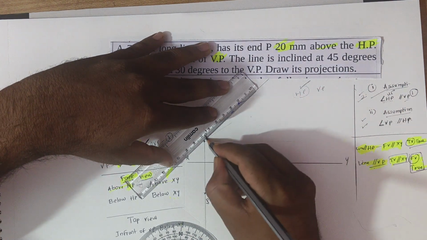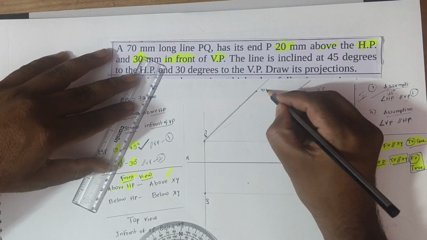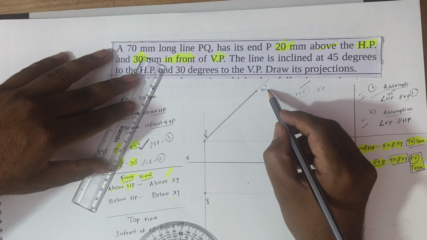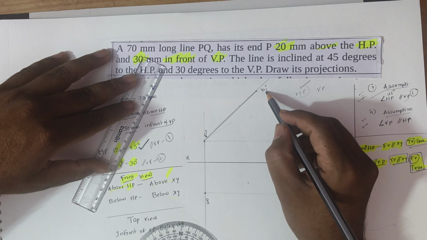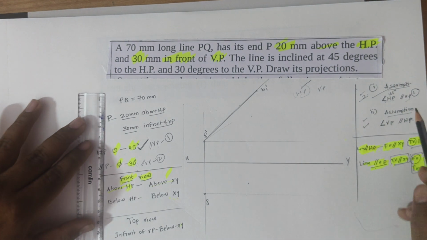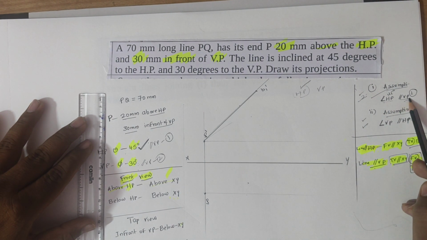Now let us say this is B1 dash, as per the first assumption, the front view. B1 represents the first assumption; B dash is front view, B1 dash is front view as per the first assumption. As per the first assumption, the line is inclined to HP and parallel to VP.